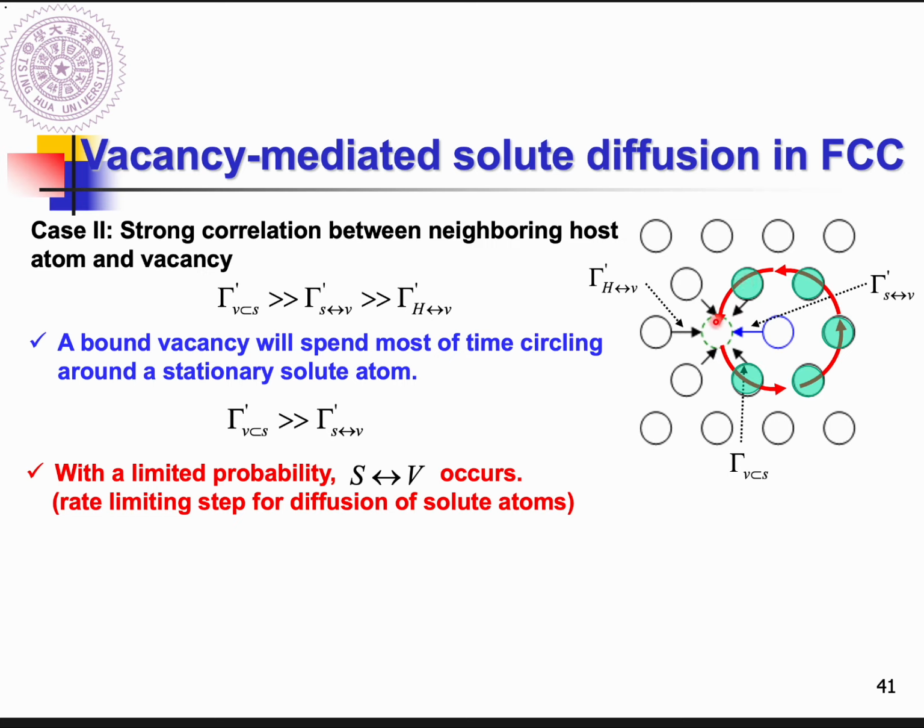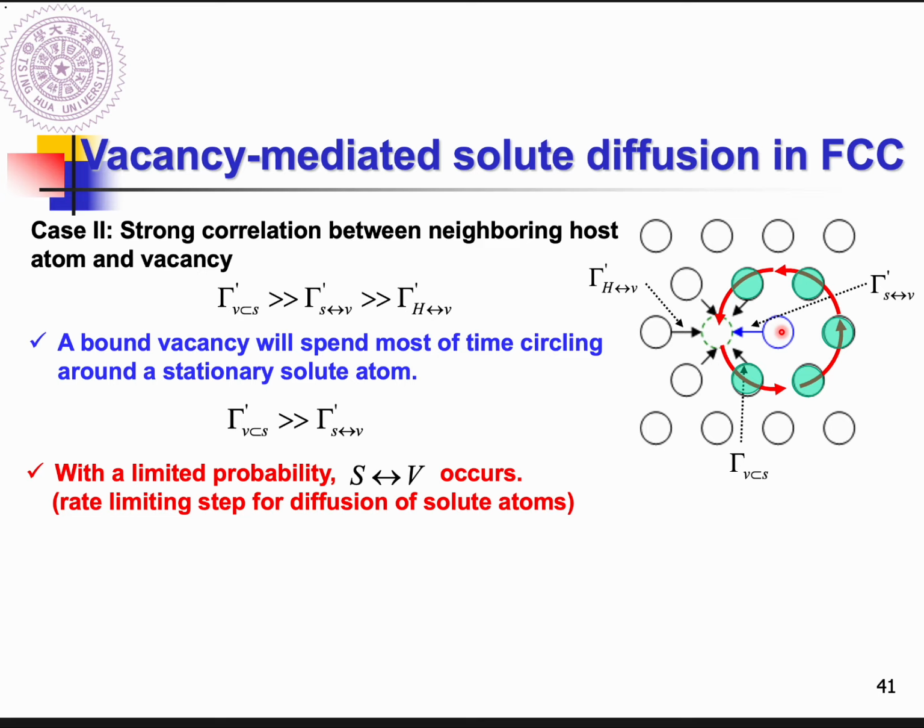Even though gamma prime Vs is quite high, the host atom neighboring the solute atom jumps into the vacancy, and so on, so you can observe a circling effect of the host atoms neighboring the solute. But this kind of jumping process has no contribution to the diffusivity of the solute. As in these figures, you can observe this circling, but the solute still stays at its original location.